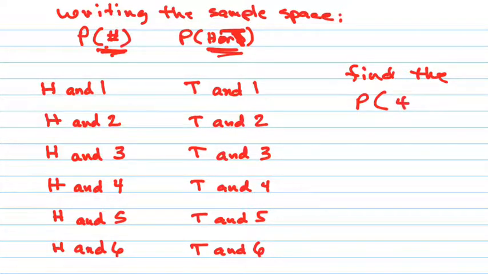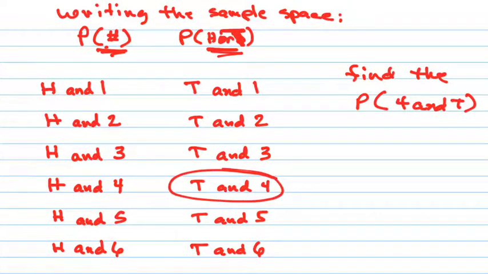All I have to do is go on my sample space and find the one that matches. There it is, right there. Are there any more that have a tails and a 4? Nope, that's it. So it's 1 out of how many different outcomes there were. So there's your probability.